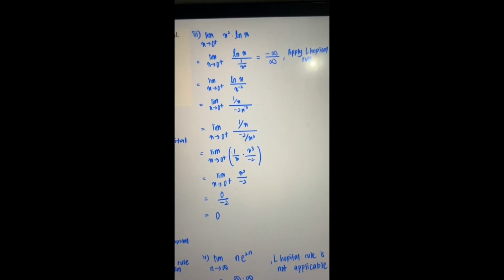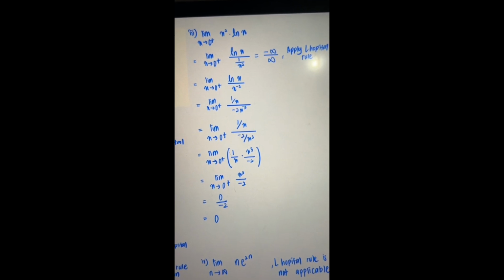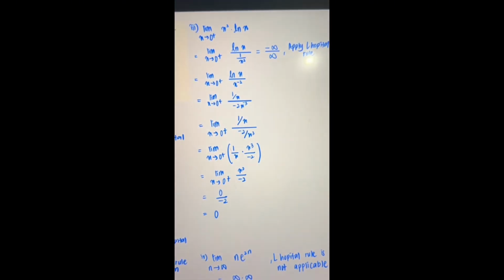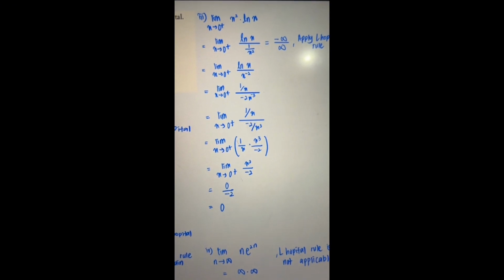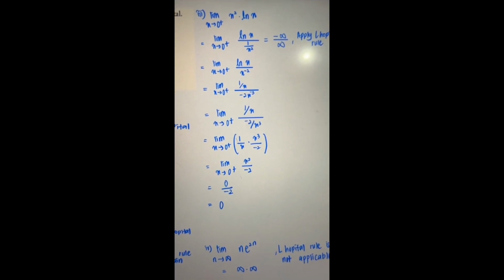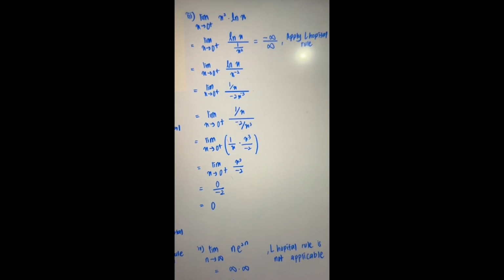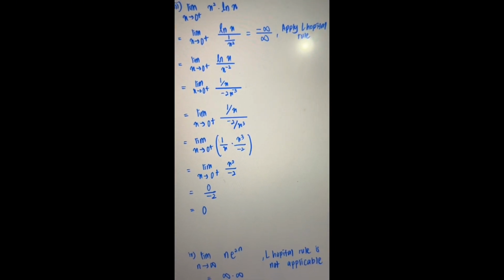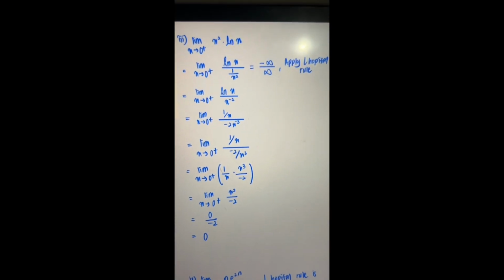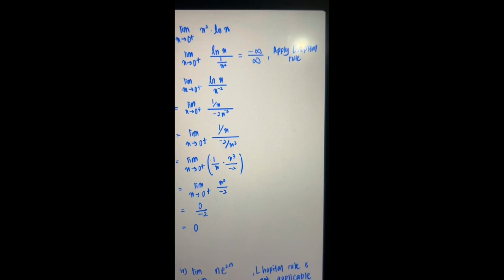The next question, for this one, when x goes to 0 from the positive side, x squared goes to 0. But ln x goes to negative infinity. So I need to rewrite it as a fraction to use L'Hopital rule. I rewrite it as ln x over 1 over x squared. Now this becomes negative infinity over infinity. So we can use L'Hopital rule.